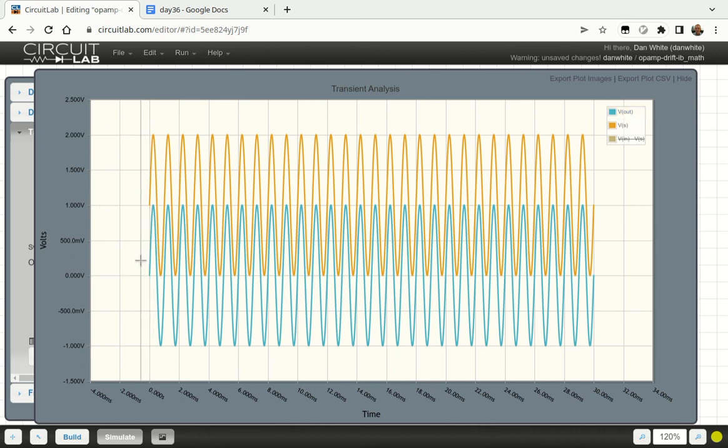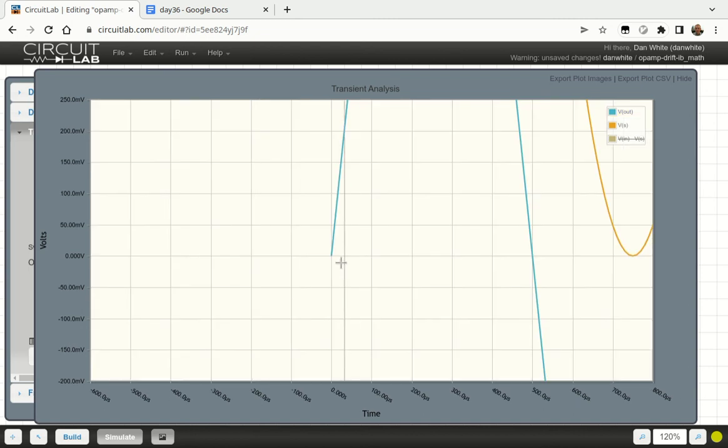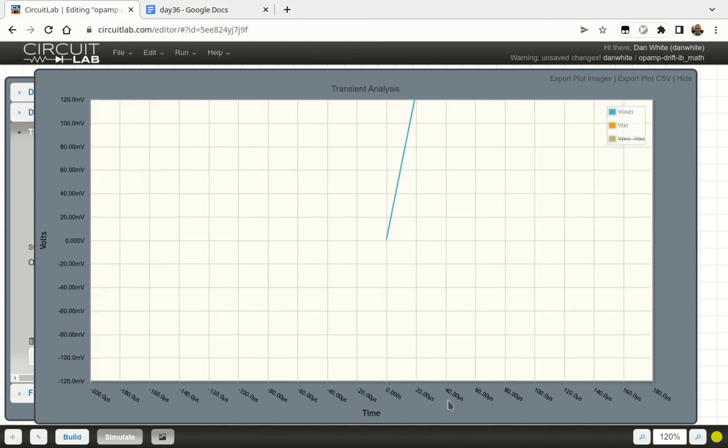Now I'm going to zoom in to the very first timestamp here. And if I zoom in and look at this, this is 950 microvolts. Is that a millivolt? See how it's a millivolt minus 50. This is 950 microvolts. Well, let's go back to our circuit again.